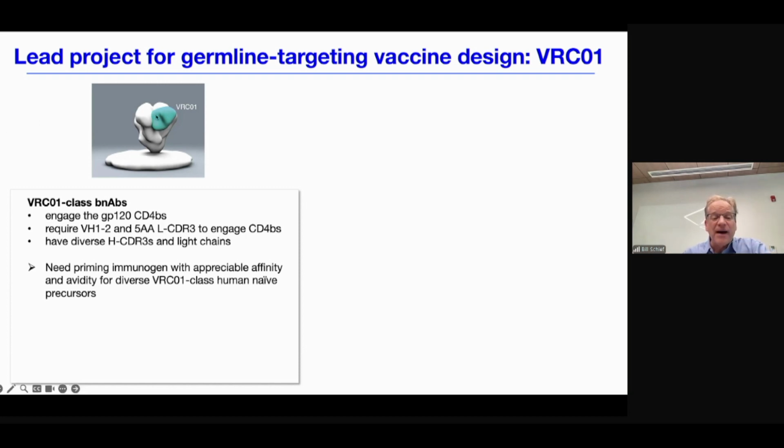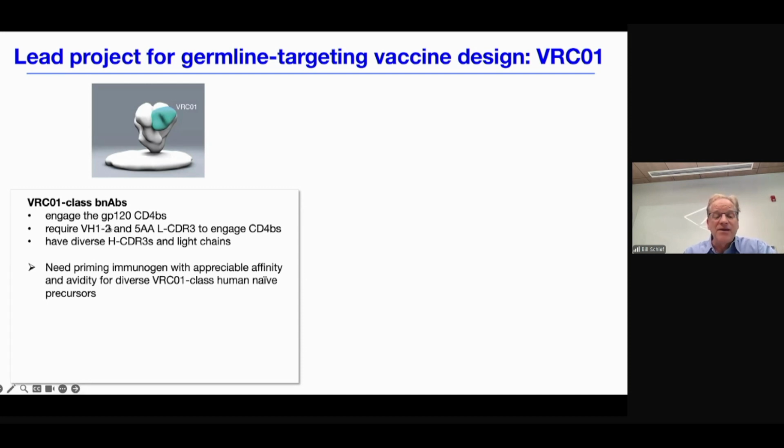And so the mechanism of protection is pretty clear. In order to bind this way, these antibodies need to use a human VH1-2 heavy chain and a 5-amino acid L-CDR3 to engage this way. And at least at the precursor level, we found that they need specific alleles for our immunogen.